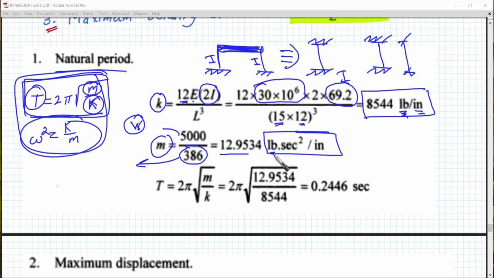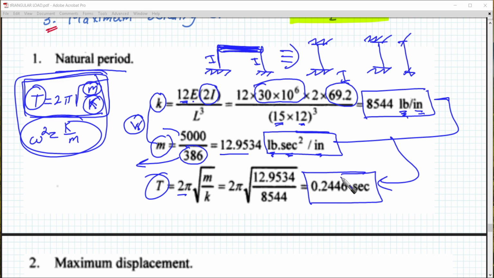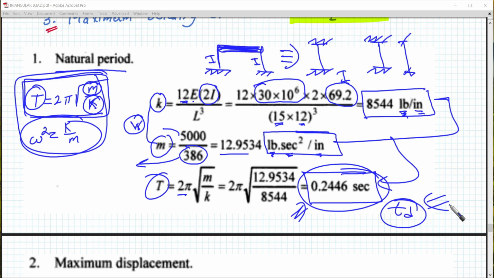Take care of the units: pounds second squared per inch. And then the last thing is T, which is 2 pi radical of m over k, right? So we get the radical of this, and then we get the value of our T. So we obtain this T, we know it, and we know Td, given to us already. Then let's go to the next step.